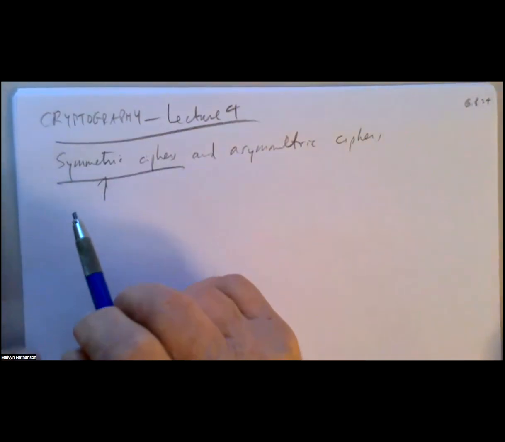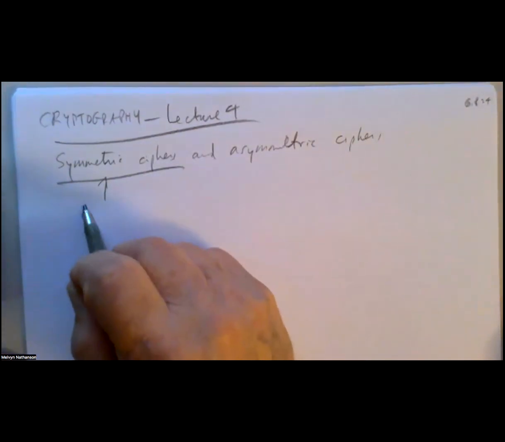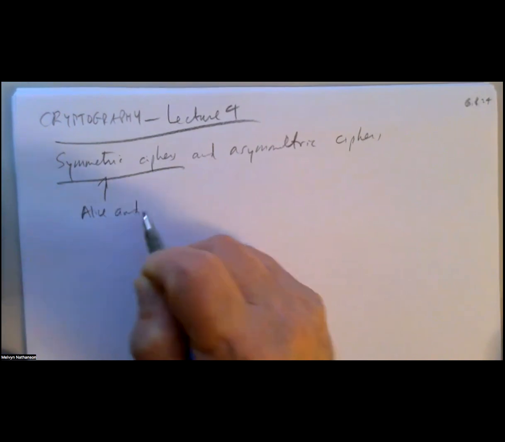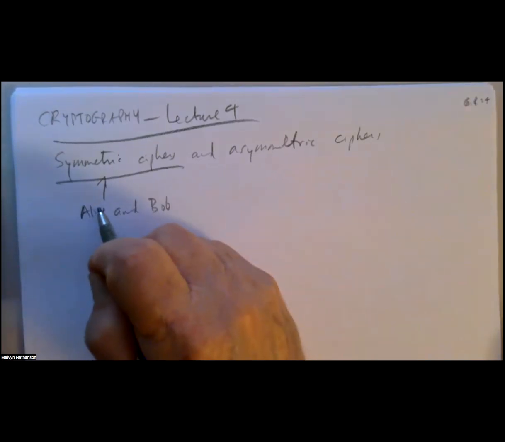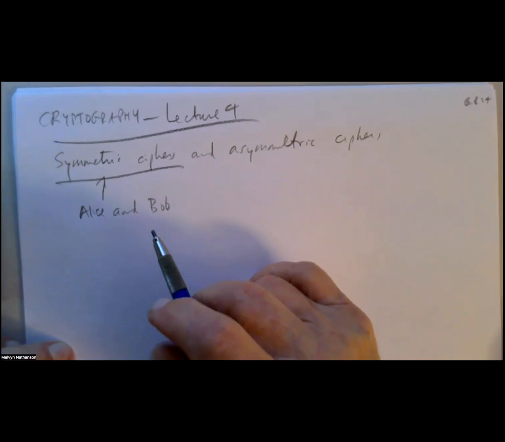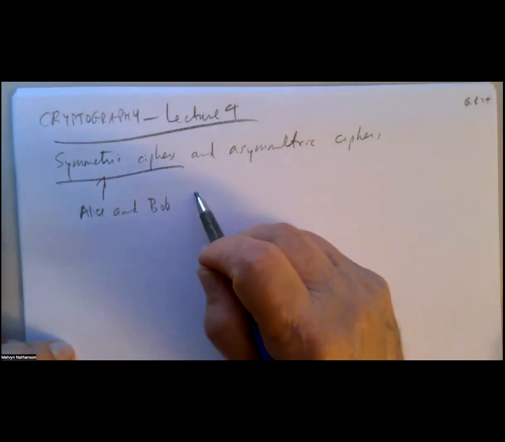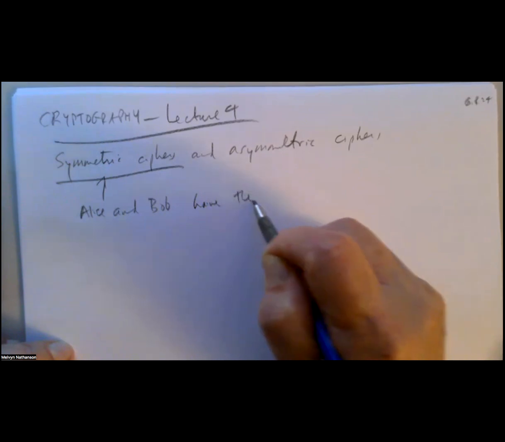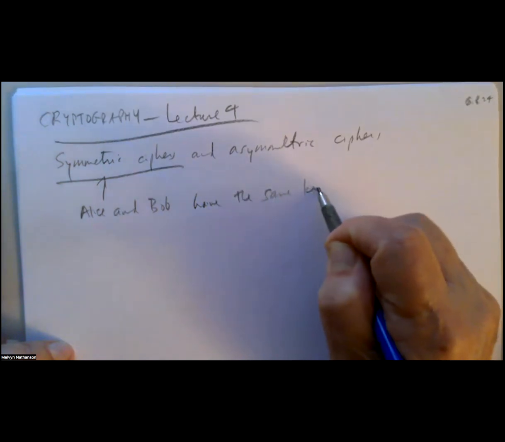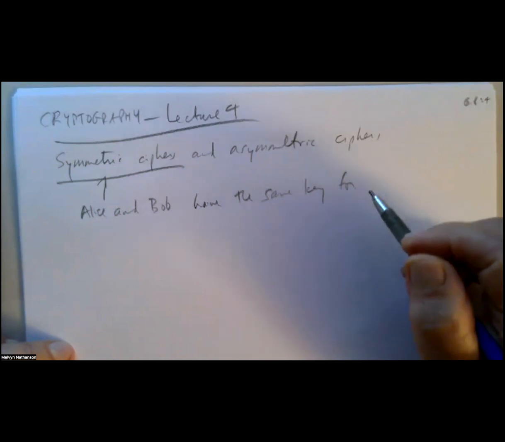So in a symmetric cipher, Alice and Bob: Alice is trying to communicate to Bob, Bob is trying to communicate to Alice, and they want to do it in such a way that their communication is secure, and their enemy Eve, who eavesdrops, cannot figure out what they're saying by intercepting their messages. And in a symmetric cipher, Alice and Bob have the same key for encryption and decryption.